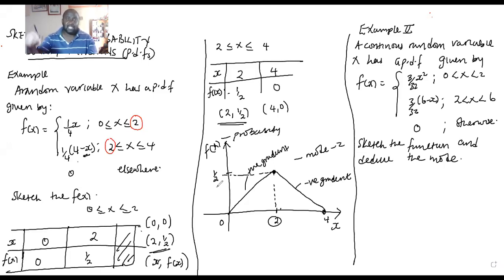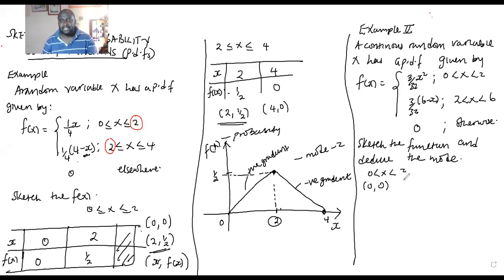Now, we are going to sketch the curve of this second number. And when we realize that point where we have the highest probability, then the corresponding value of x will be predicting the what? The mode. So to start with, the region 0 less than x less than 2. When you put there x is 0, you get f of x is also 0.